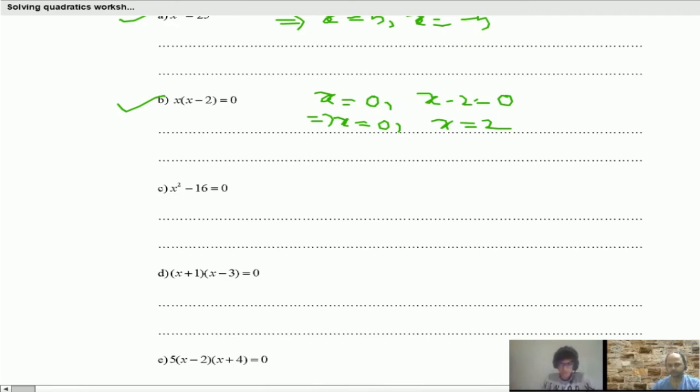And then the next one. So C. Yes, it's x square minus 16 equals 0.